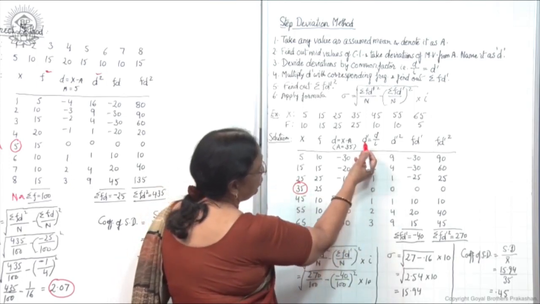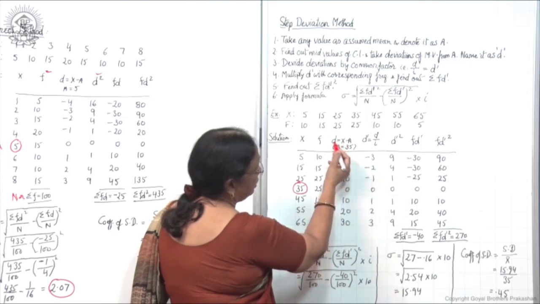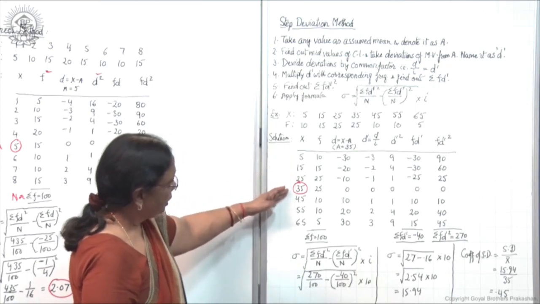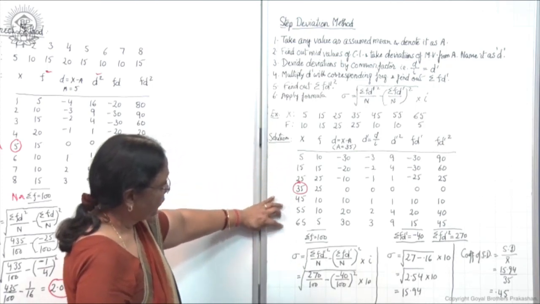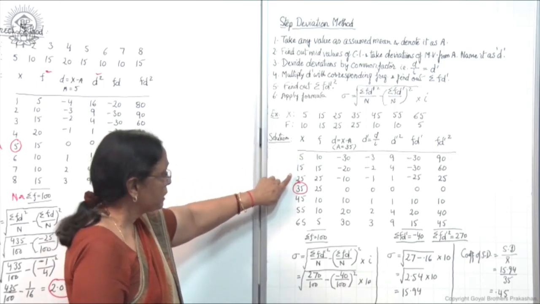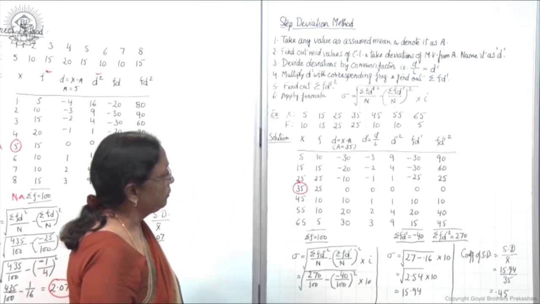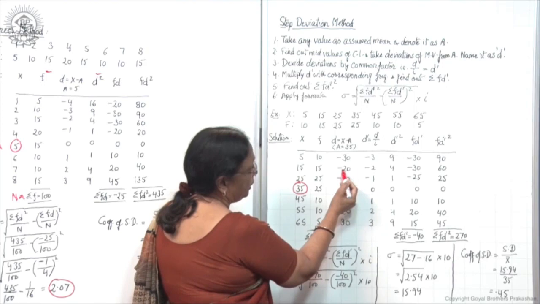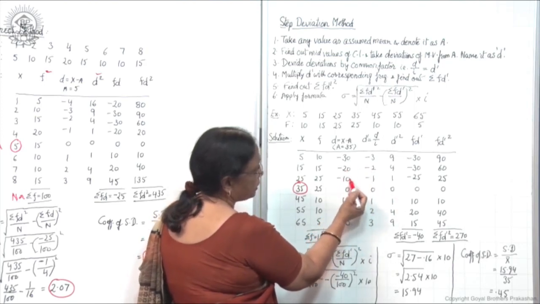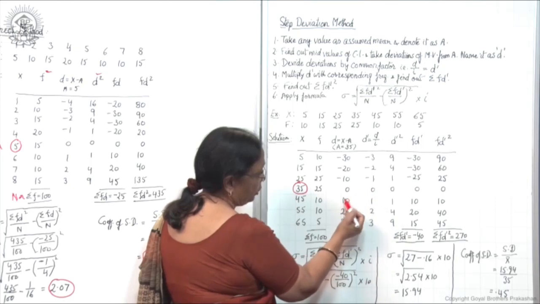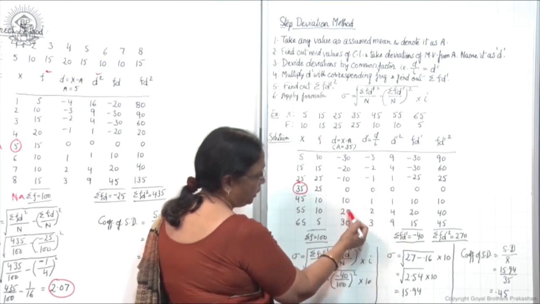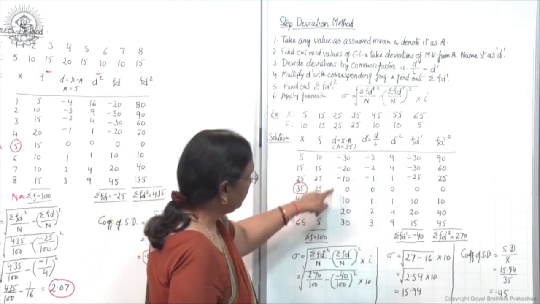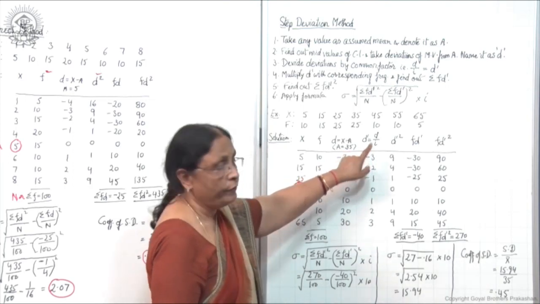Now, the next step is to find D dash, that is the D column divided by class interval. Here the class interval is 10, right, 5 to 15, interval is 10. So minus 30 divided by 10 is minus 3, minus 20 divided by 10 is minus 2, minus 10 divided by 10 is minus 1, 0, 10 divided by 10 is 1, 20 divided by 10 is 2, 30 divided by 10 is 3.